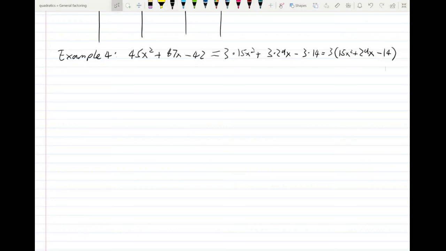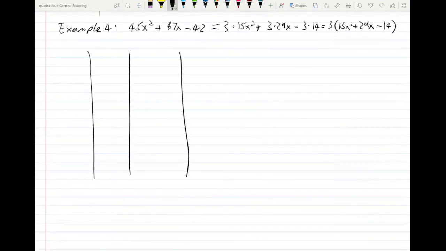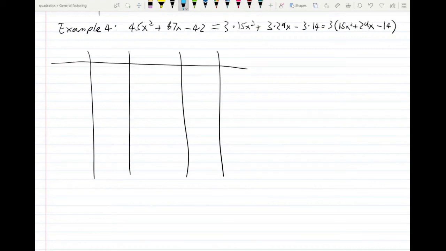All right. Let's factor that smaller quadratic with our table. So 4 columns. We've got C, D, A, B, and AD plus BC. All right.